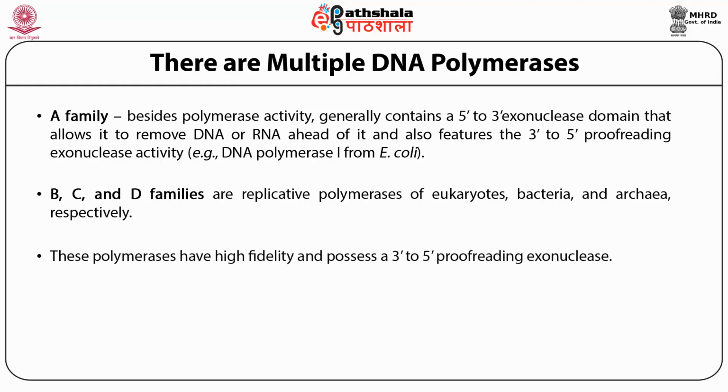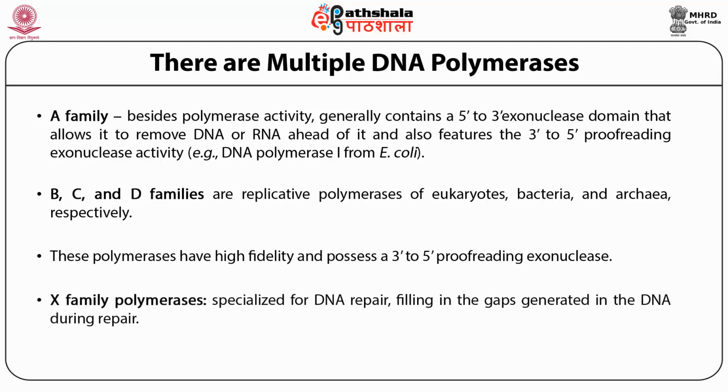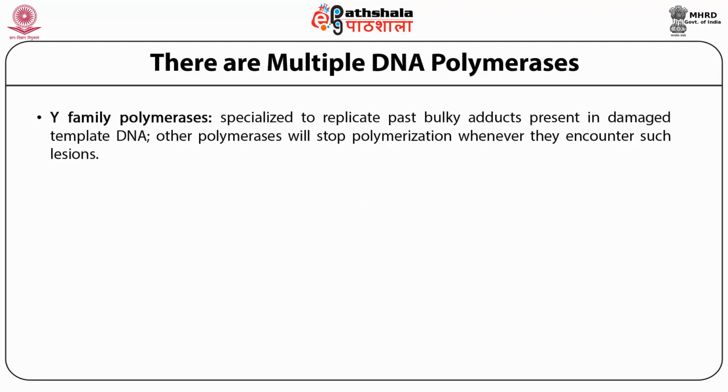These polymerases have high fidelity and possess a 3' to 5' proofreading exonuclease activity. X family of polymerases, they are specialized for DNA repair, filling in the gaps generated in the DNA during repair. Y family of polymerases, they are specialized to replicate past bulky adducts present in the damaged template DNA.